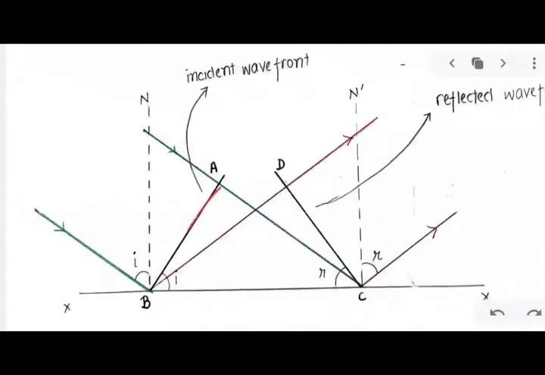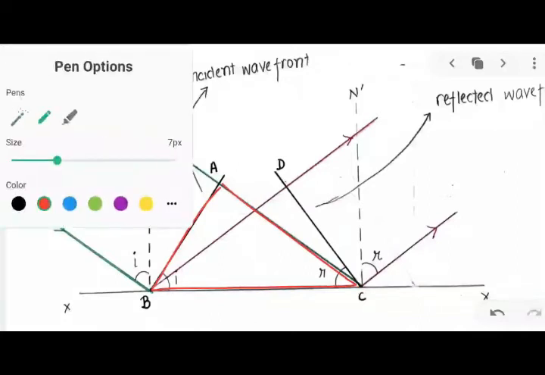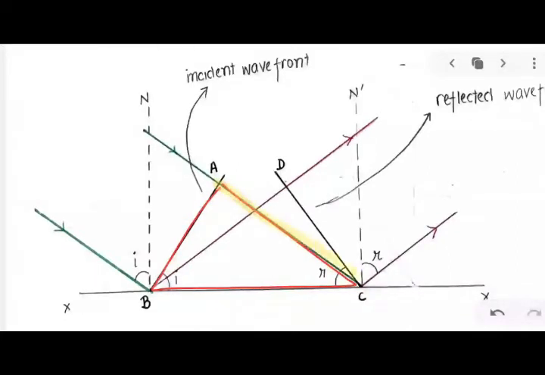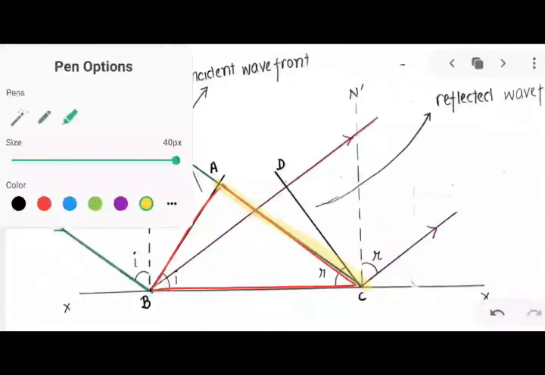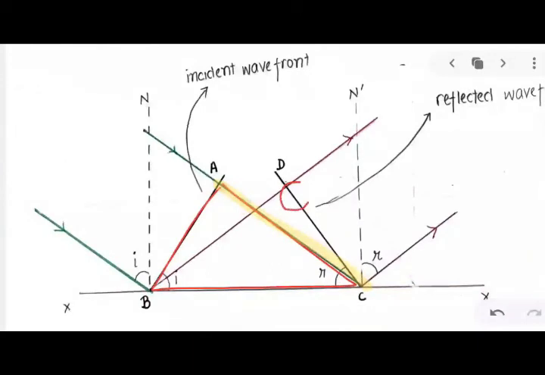In triangle ABC, this distance is how much? This distance equals c times t. C is the velocity of light, t is the time taken to move from A to C. So this distance equals ct.